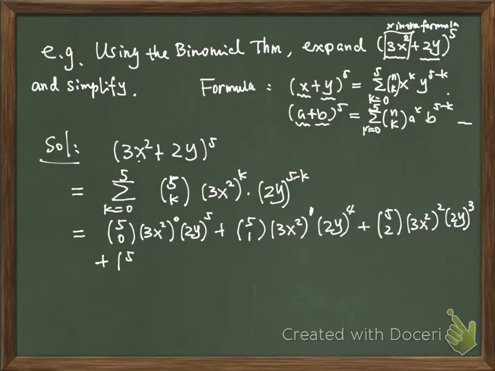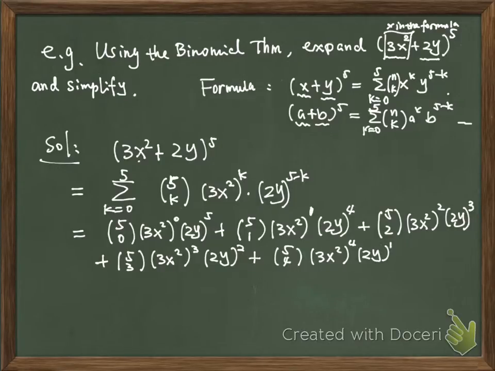I have 5 choose 3, 3x squared to the cube, 2y quantity to the square, and 5 choose 4, 3x squared quantity to the power 4 times 2y quantity to the first, plus 5 choose 5 times 3x squared to the power of fifth.